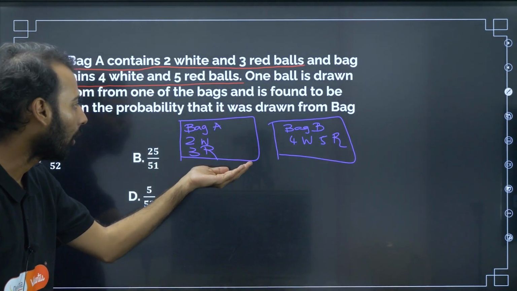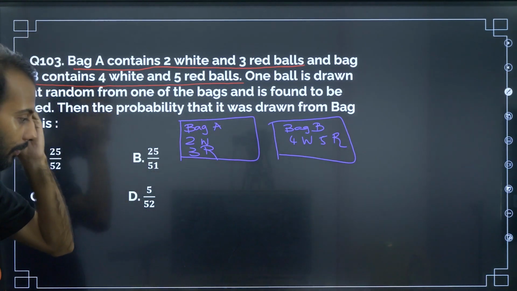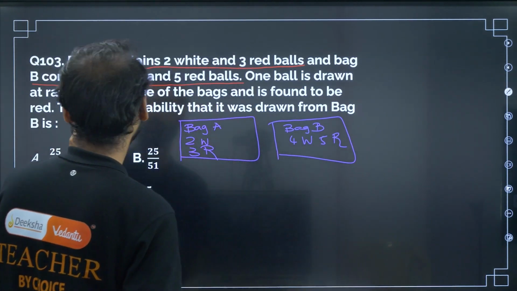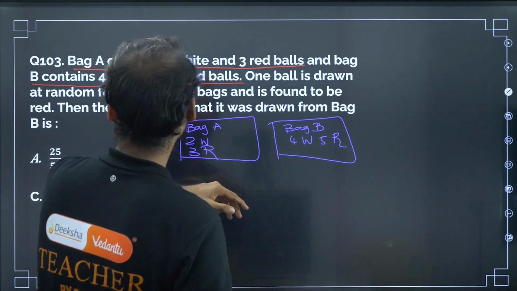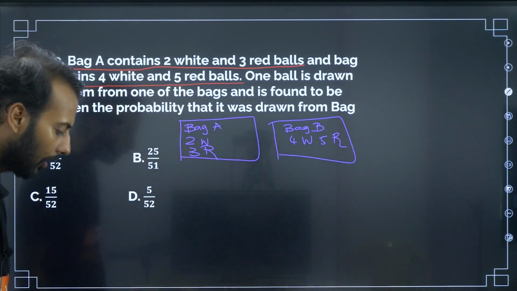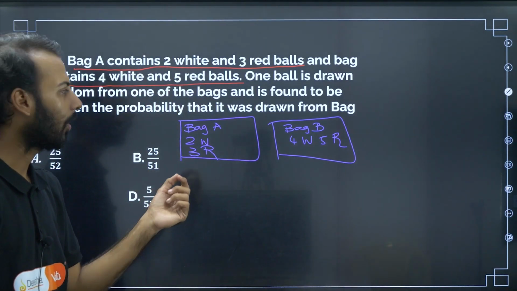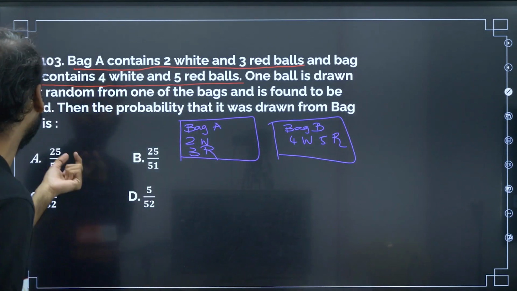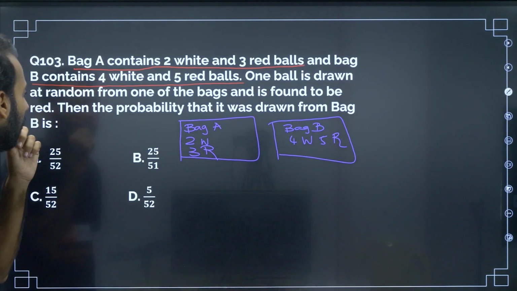They are drawing one ball at random, and after drawing, they found it to be red.